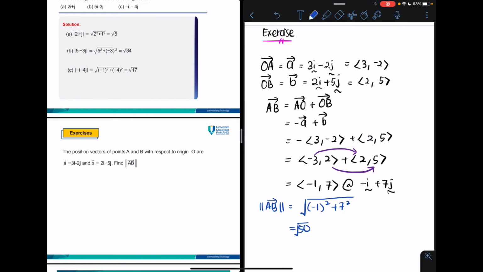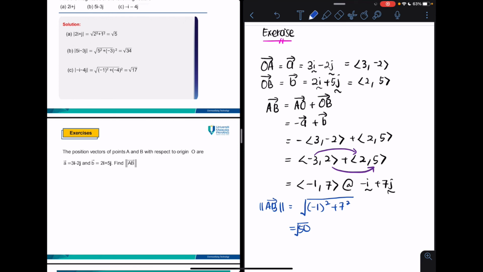So in this case, if OA is 3i minus 2j, then AO is the negative vector, which is negative A plus vector B. Right after I determine the correct expression, I end up having not a position vector but vector AB. I use the pointy bracket, as I did over here, because I think it is much easier compared to using IJ, because I don't want to get myself in trouble by mixing the information. But if you are familiar with IJ, it's up to you. You can use IJ also.